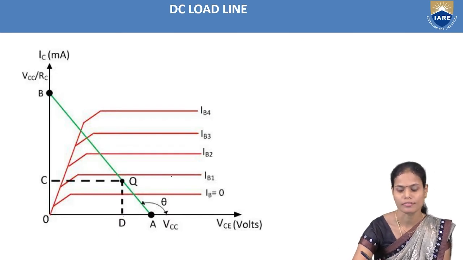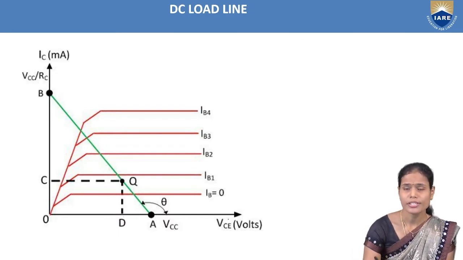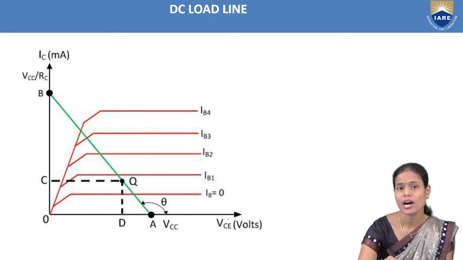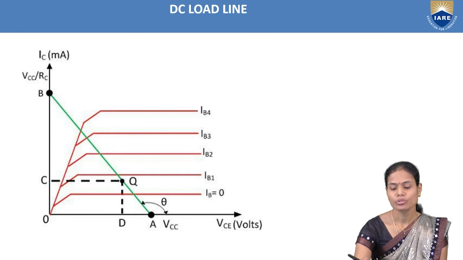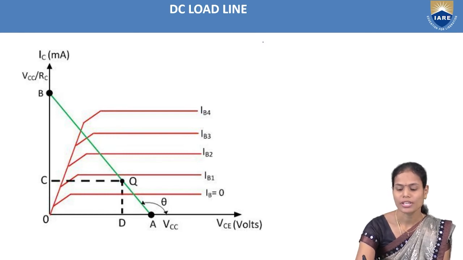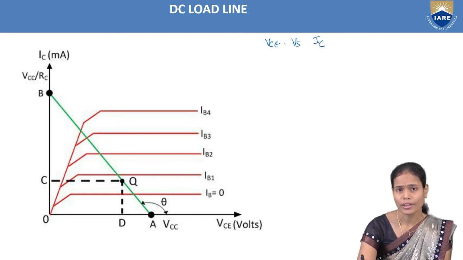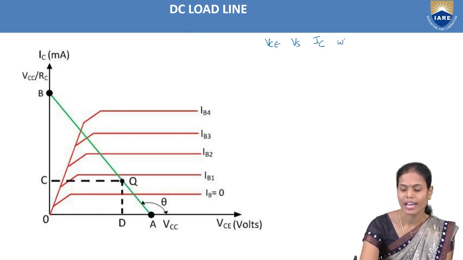That one is this. See, this VCE versus IC indicates the output characteristics of the common emitter amplifier. To draw the output characteristics, we have to take the output voltage VCE versus the output current IC. While drawing these output characteristics, we have to maintain the input current as a constant value.